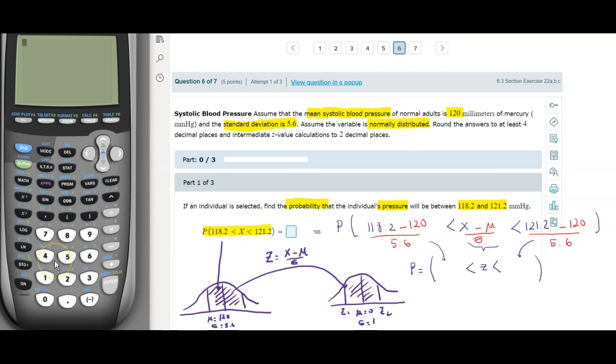Don't forget to put parentheses on the numerators. So this is going to be: open a parenthesis, 118.2 minus 120, close the parenthesis, and divide by 5.6.